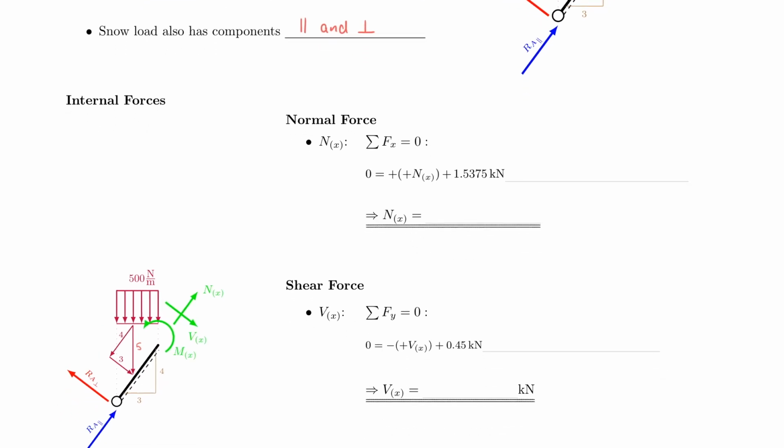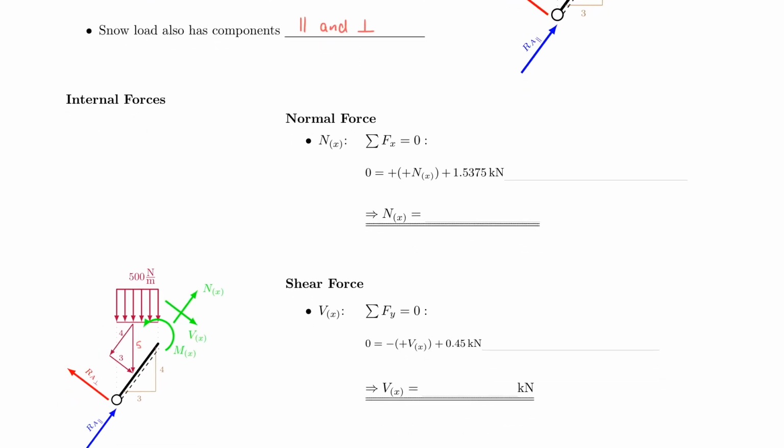So for the normal force, I am looking at RAX parallel, and this normal force here, I already brought in the internal forces from my note card. So plus NAX plus 1.5375. But now I need to subtract this component here, the 4 component of the 500.